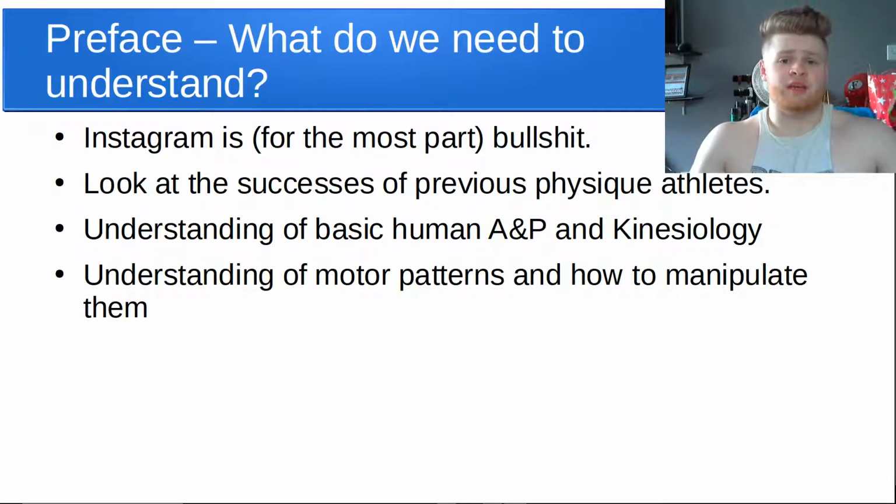The main things we need to understand: for the most part, what you see on Instagram is complete bullshit. We need to look at the successes of previous physique athletes and what made them so successful inside the gym. We need a basic understanding of human anatomy and physiology, as well as a slight understanding of human kinesiology. And we also need to understand motor patterns and how we can manipulate them within a training session.